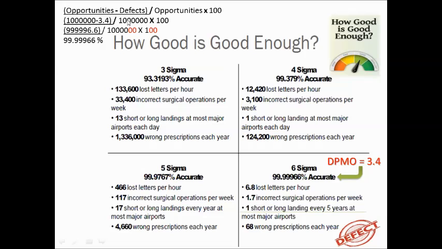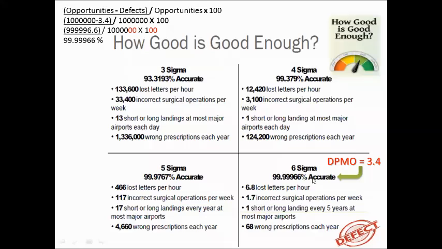If it is divided by the number of opportunities, which is 1 million, it is 99 point, and I need to move the decimal to the left, so it will be 99.99966% accuracy.